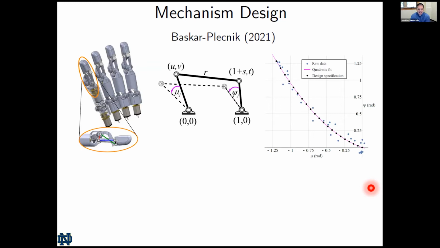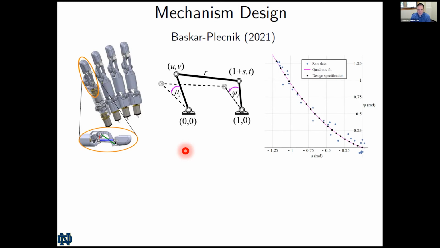Suppose we're trying to design a finger link. Okay, so we have a finger link here, and as this rotates, we want to rotate the other side. So we want to be able to recreate how a finger joint moves.